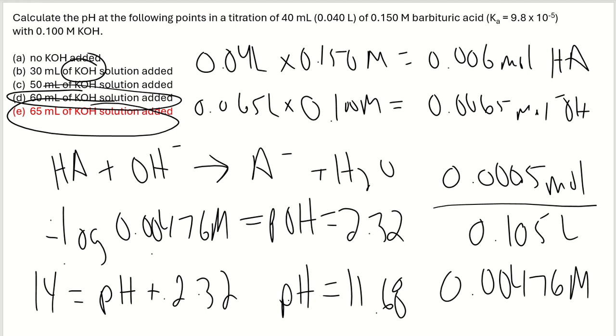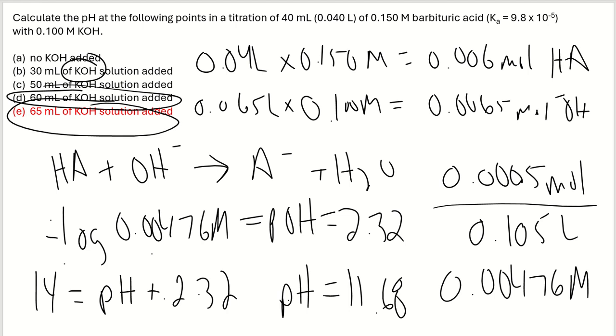If you were to start with a weak base and titrate with a strong acid, the steps would be the same, but you're flipping the calculations. You're starting with Kb before you get to the equivalence point. At the equivalence point, you now have Ka. And initially, you're solving for hydroxide concentration, then converting to pH.